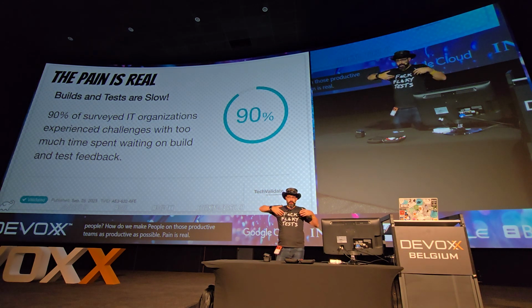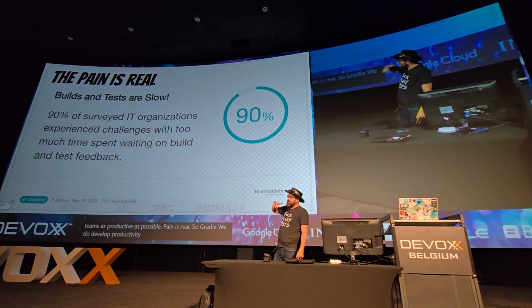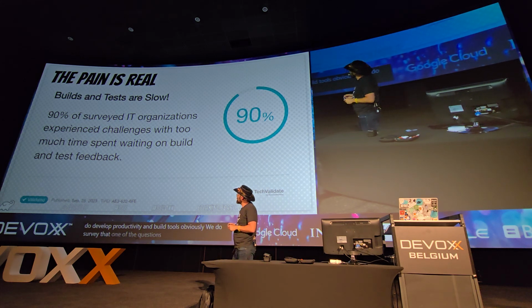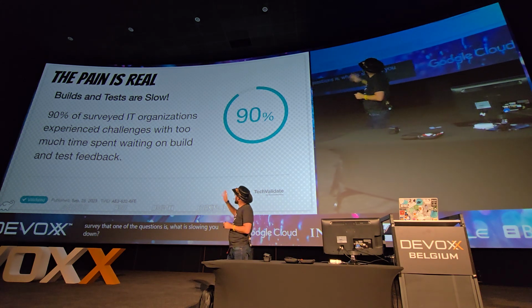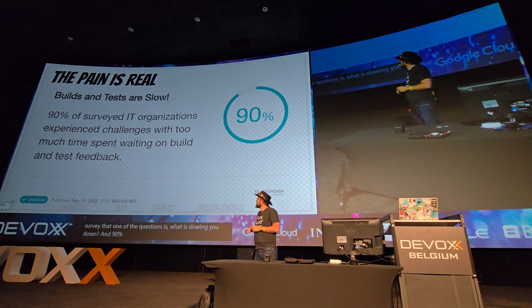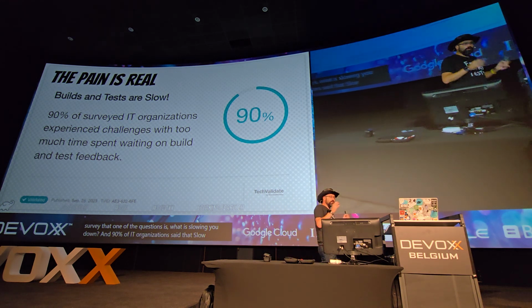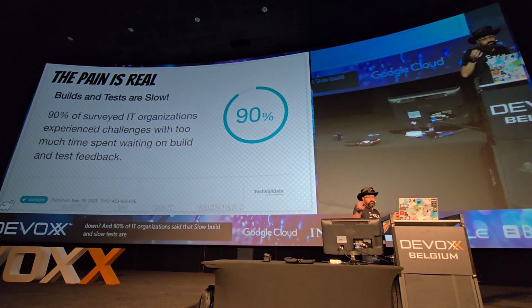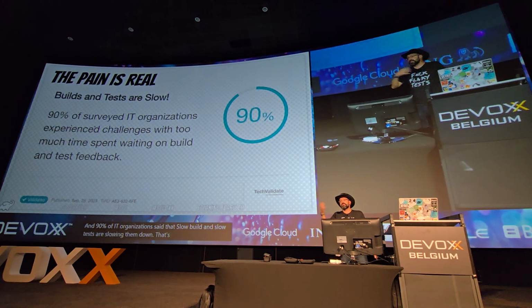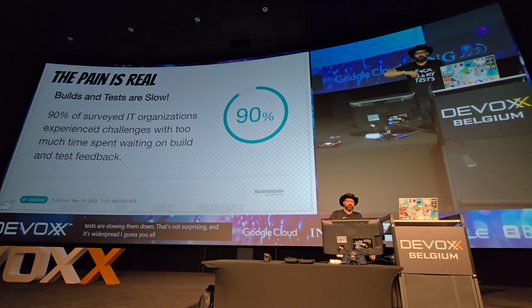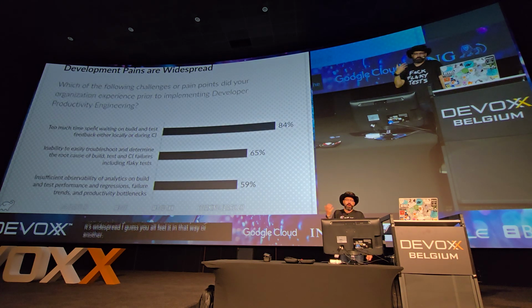So at Gradle, we do developer productivity and build tools. Obviously, we do a survey where one of the questions is, what is slowing you down? And 90% of IT organizations said that slow builds and slow tests are slowing them down. That's not surprising, and it's widespread. I guess you all feel it in one way or another. It's not only that, there are others.